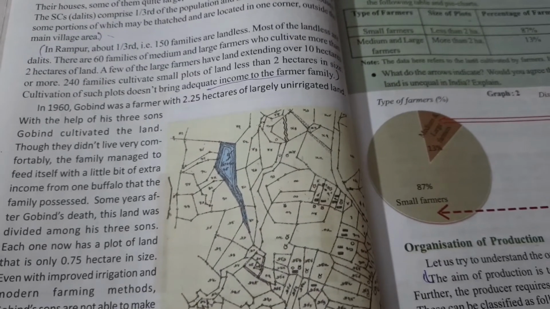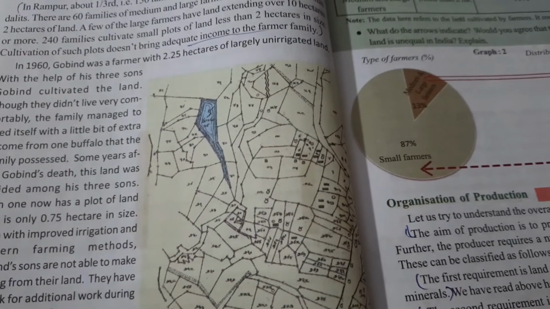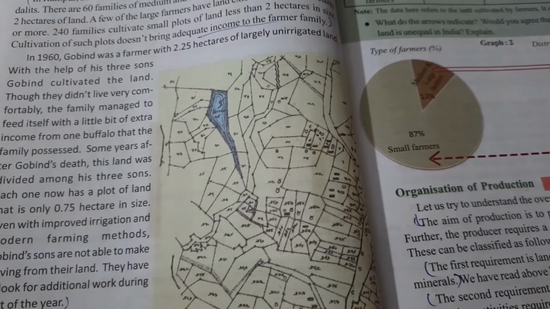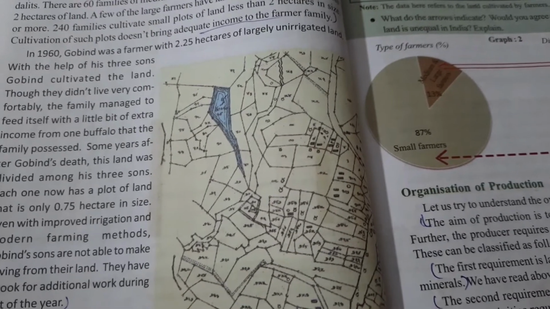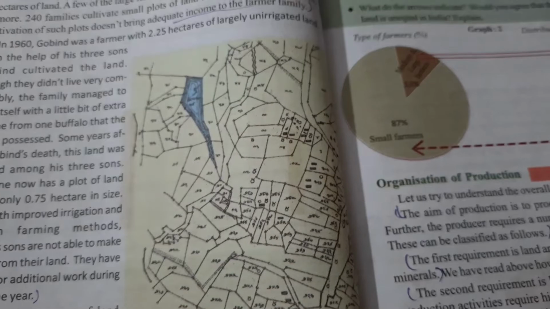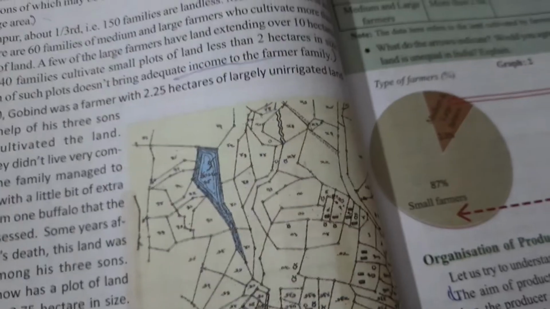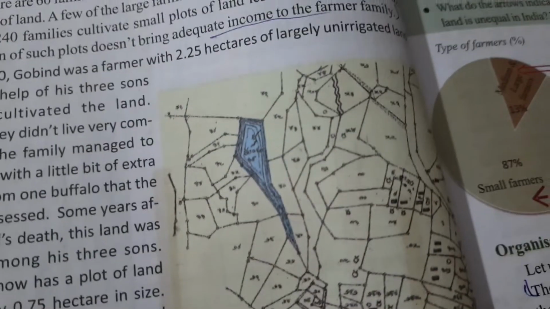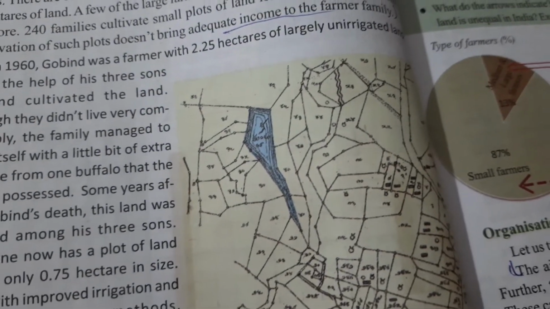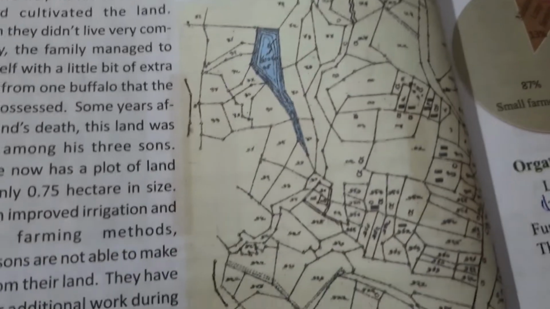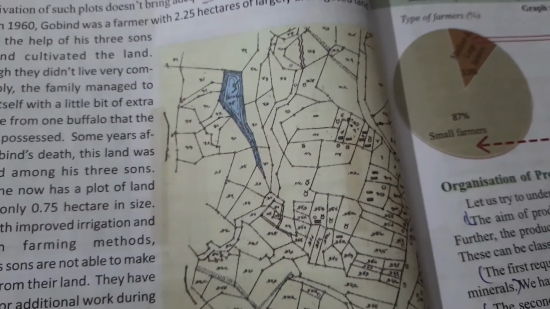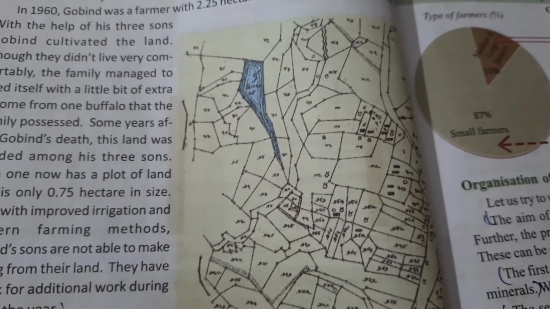We have also come to know, children, that there are 60 families who are medium and large farmers, and they have more than 2 hectares of land. A few farmers have more than 10 hectares of land. Now see, children, this distribution of land in an Andhra Pradesh village, it is given in this sketch, how small plots of land are owned by the farmers.